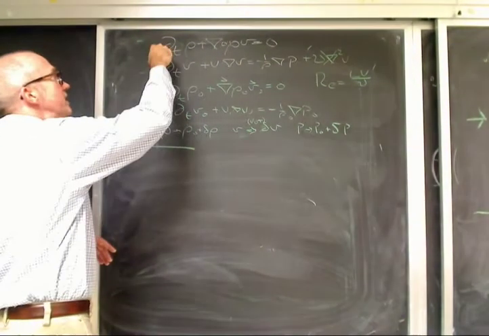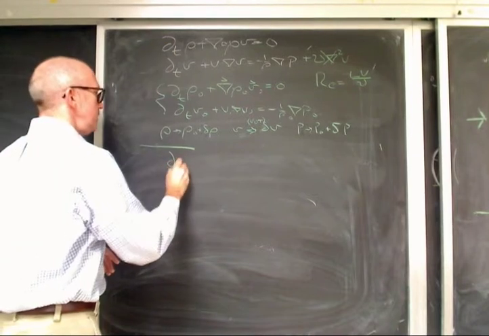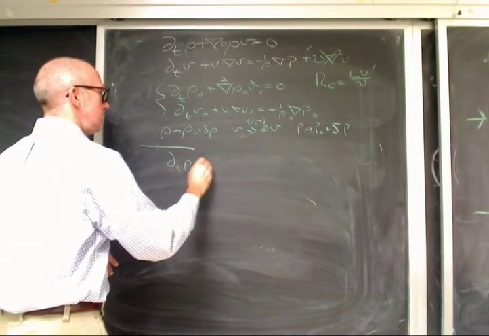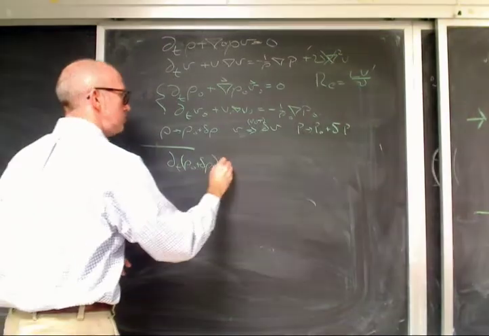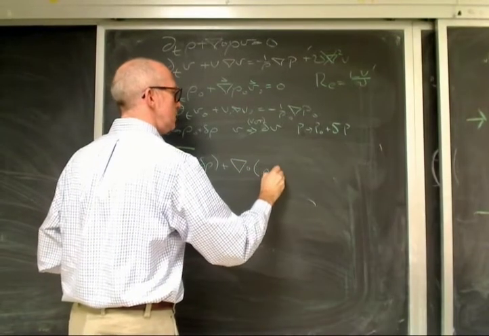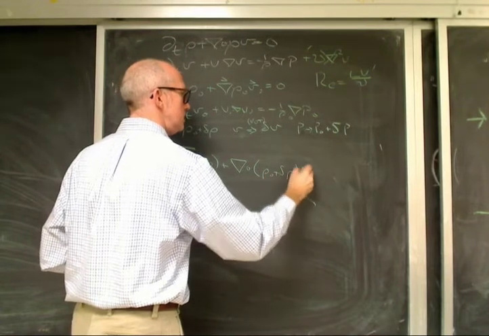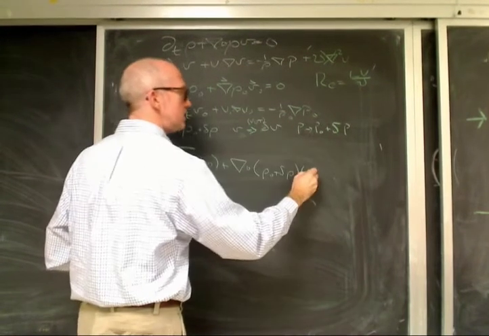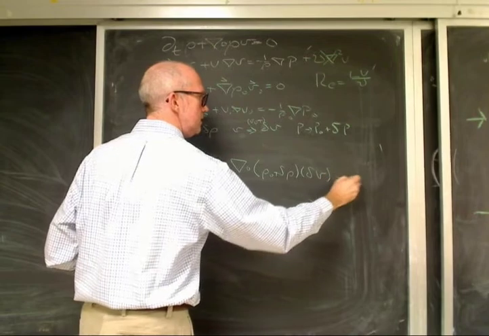So we drop into here, and we're left with d by dt of rho naught plus delta rho plus this term, div of rho naught plus delta rho times, well, v naught, we're just left with delta v, equals 0.